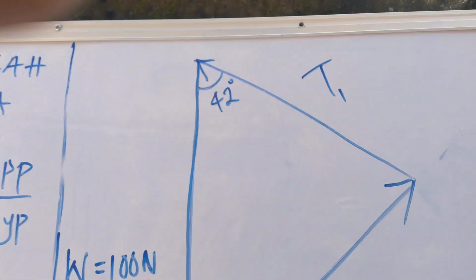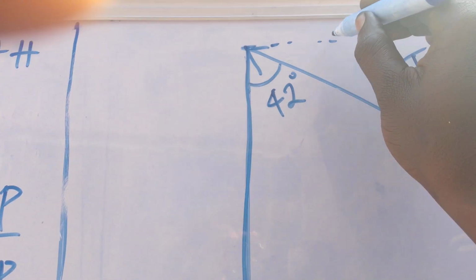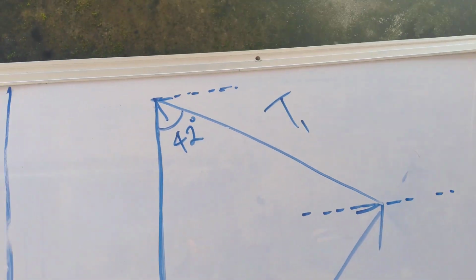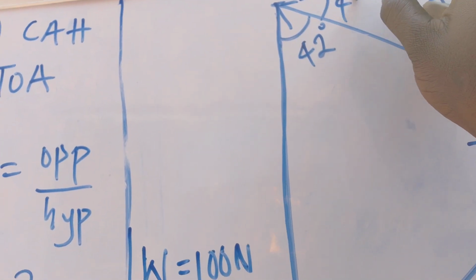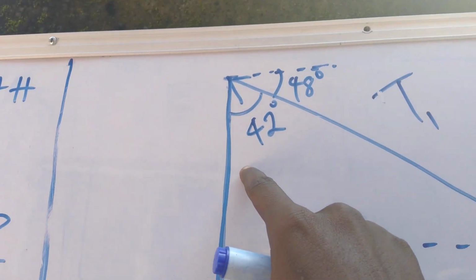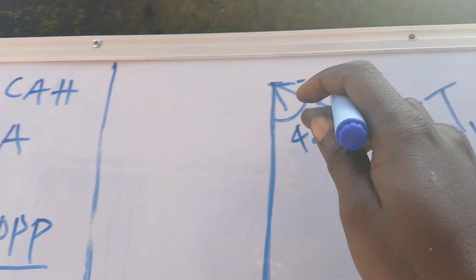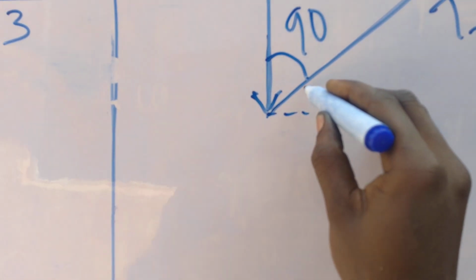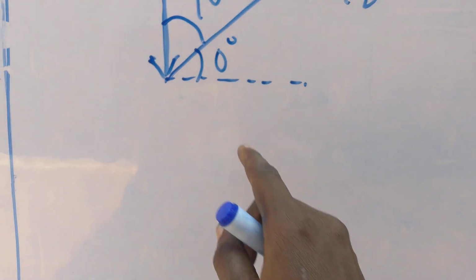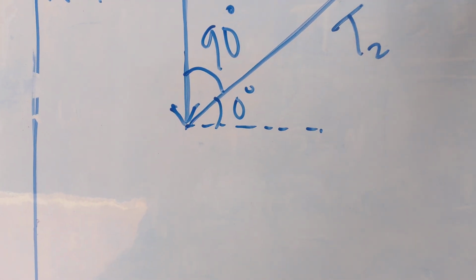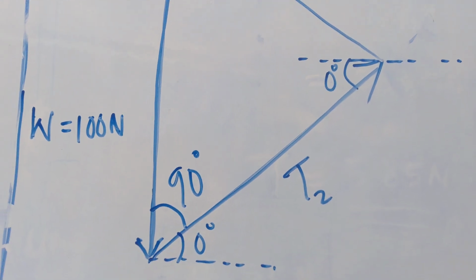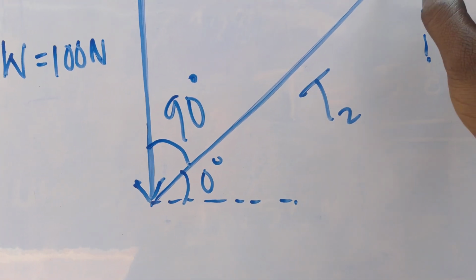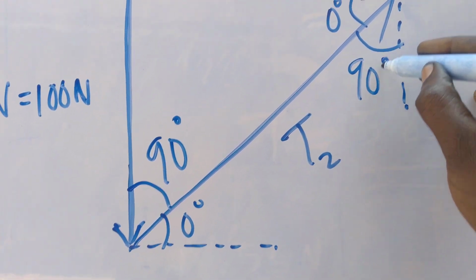So you can use dotted lines, do this. Also use dotted lines here to indicate. So here now will be what? 48, because 90 minus 42 is 48. These two are complementary angles. This is 0, so 0 will alternate here, 0 degrees. Then if I use dotted lines here as well, 90 will alternate here as 90 degrees.